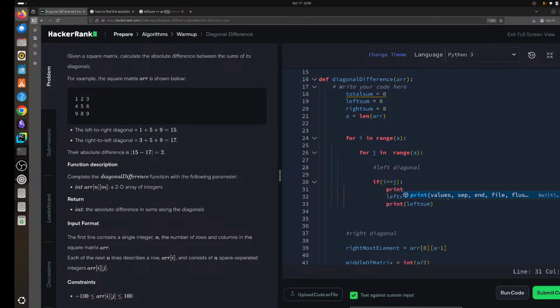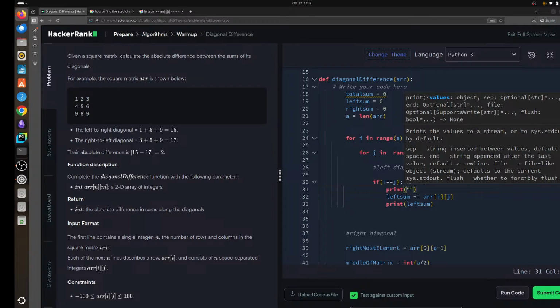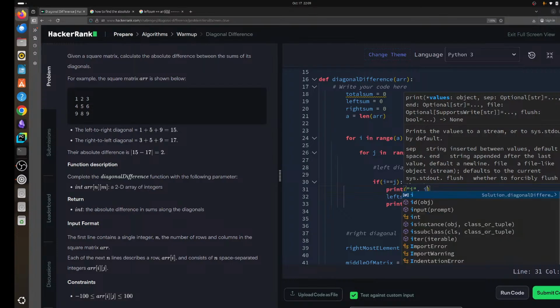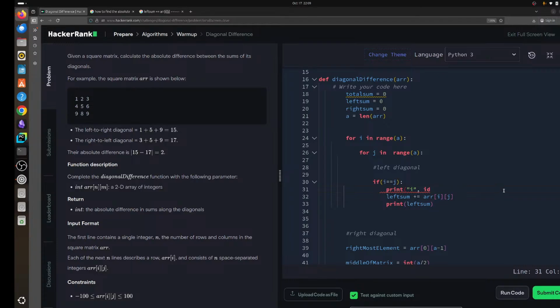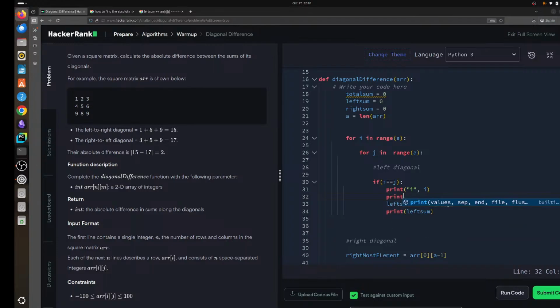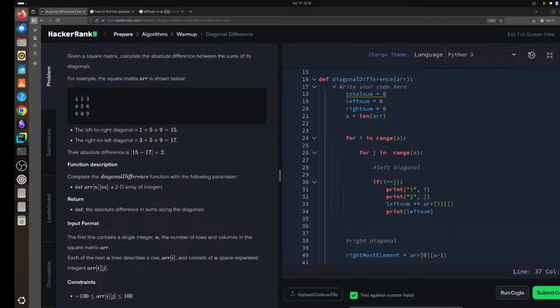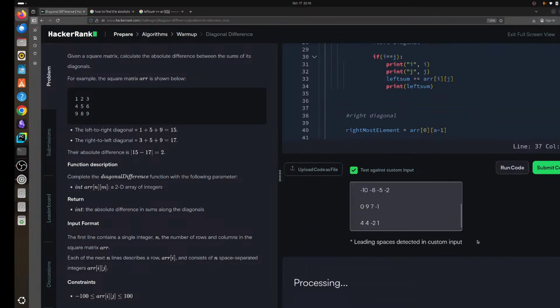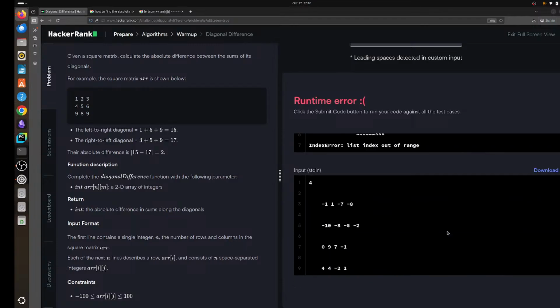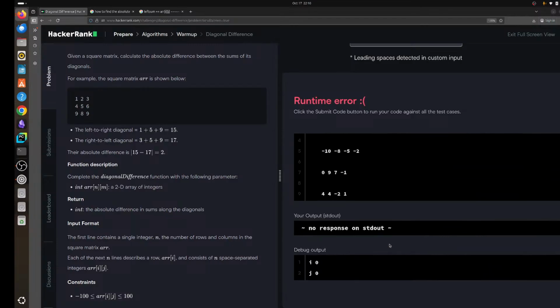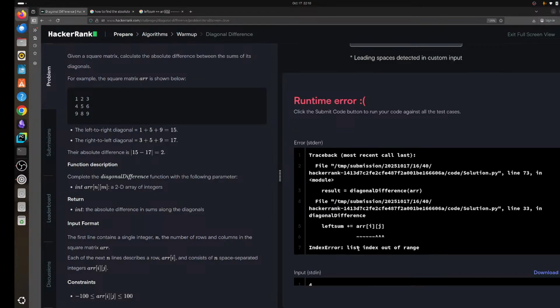Print i, comma i, print j, comma j. Run code. i0 j0.